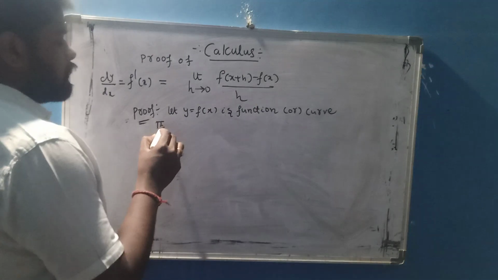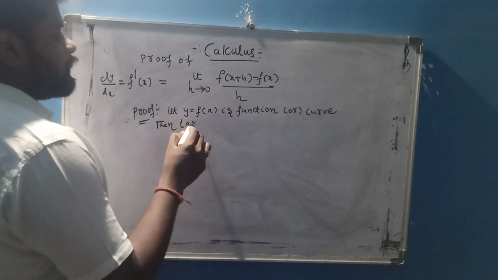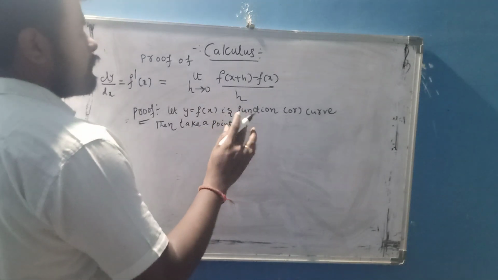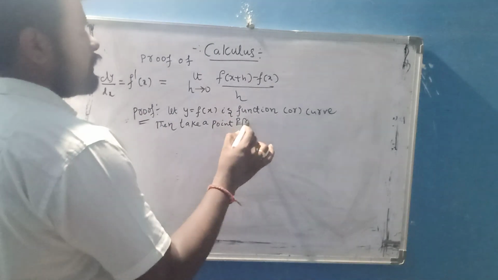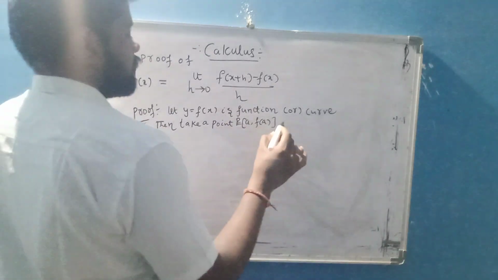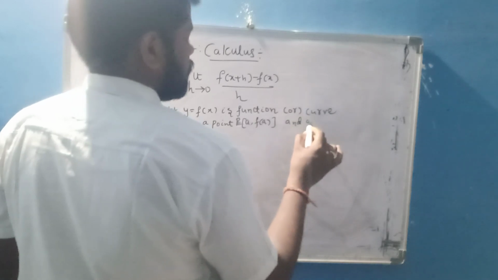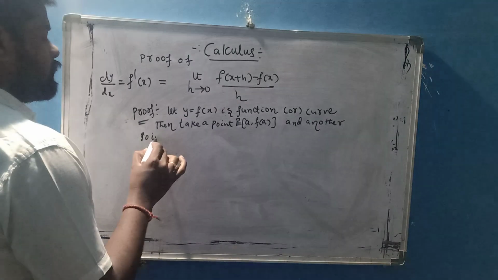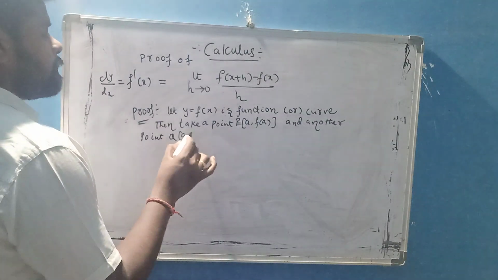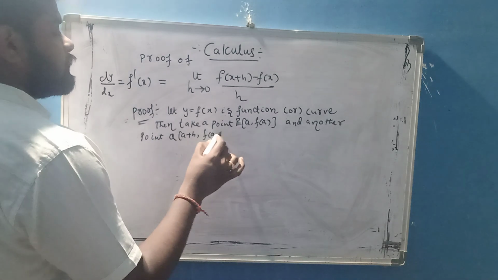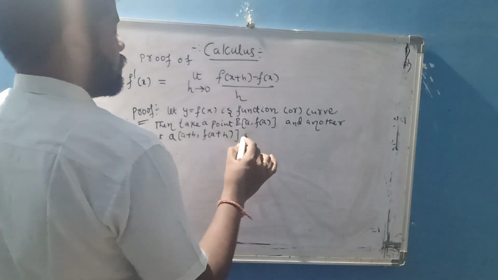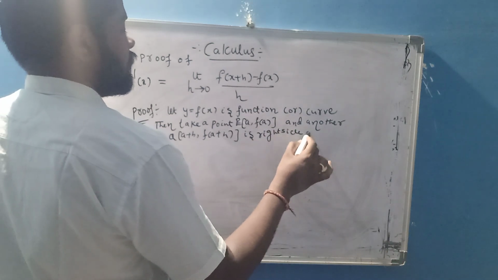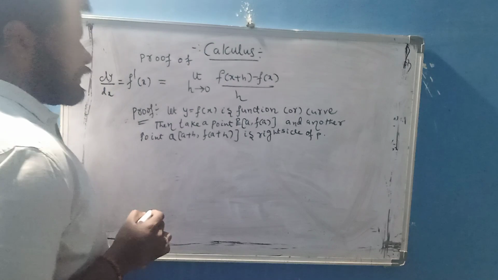Then take a point P (a, f of a), and another point Q (a plus h, f of a plus h), to the right side of P. Okay, this is the statement.